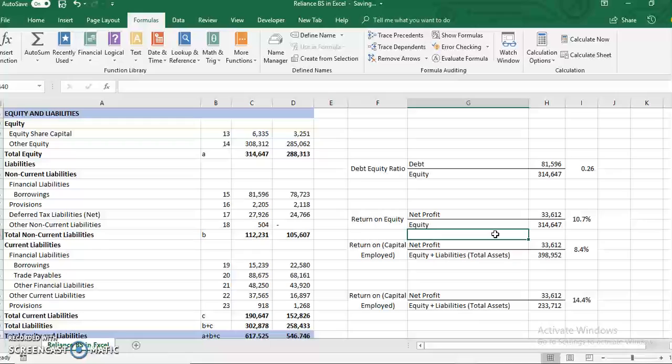Because there are a lot of investments, all the money is not invested directly into operations. That may be one of the reasons the return on equity is affected. Again, we have to compare with other industries and similar size companies to know more about it.